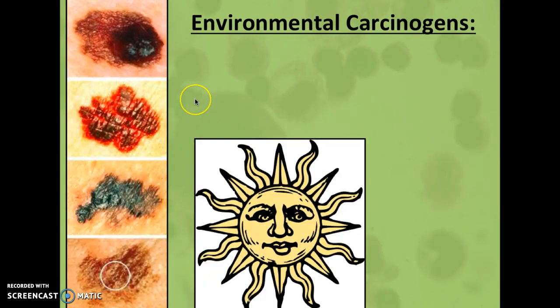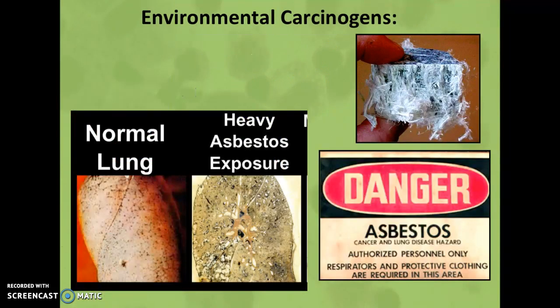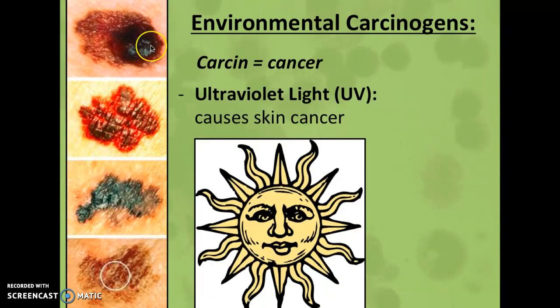So carcinogens are going to be mutagens. Ultraviolet light is an example. So remember, carcinogen means cancer. So ultraviolet light, UV radiation, causes skin cancer. So if you have ever heard of someone having moles removed, for example, they may have had some kind of cancerous development on their skin that they needed to get looked at and removed.